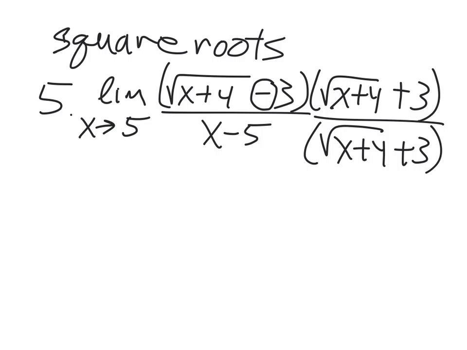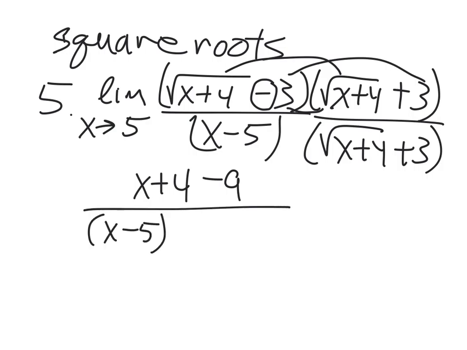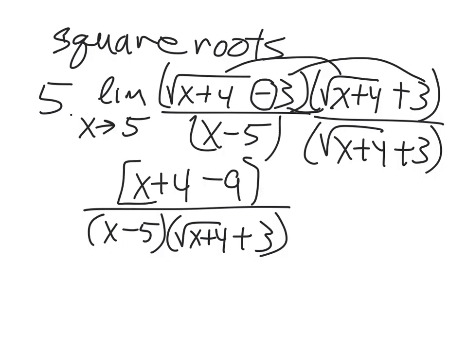And as you multiply that out, well, don't multiply the denominator out, but multiply the numerator, we get x plus 4, then plus 3 times that square root, minus 3 times that square root, so the square roots cancel, and then minus 9. Well, what's that turn out to be in the numerator? x minus 5, so the x minus 5 cancels.